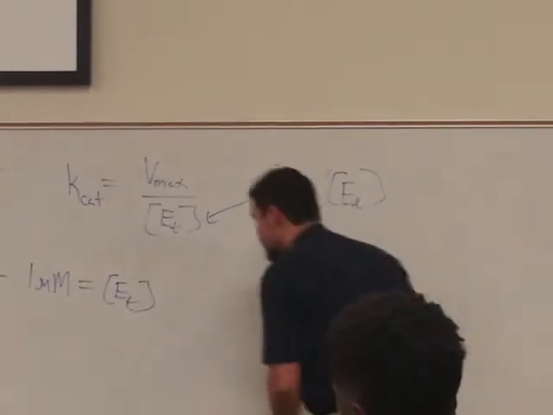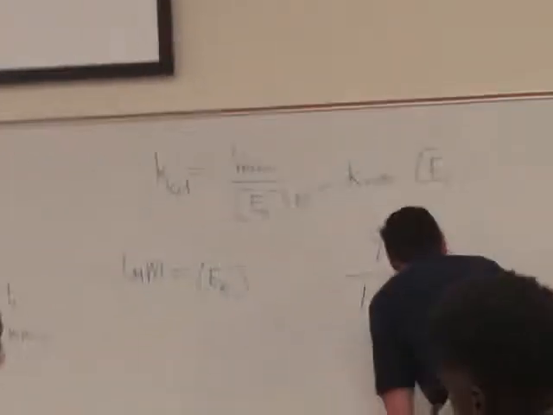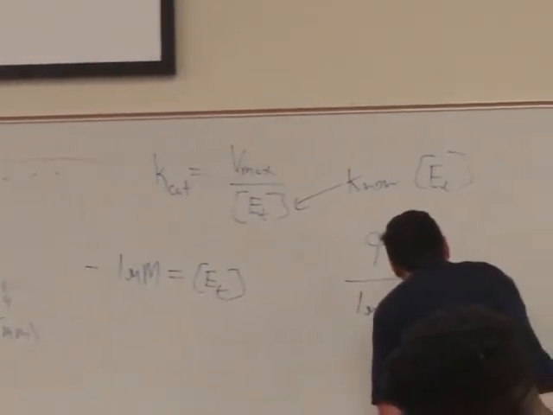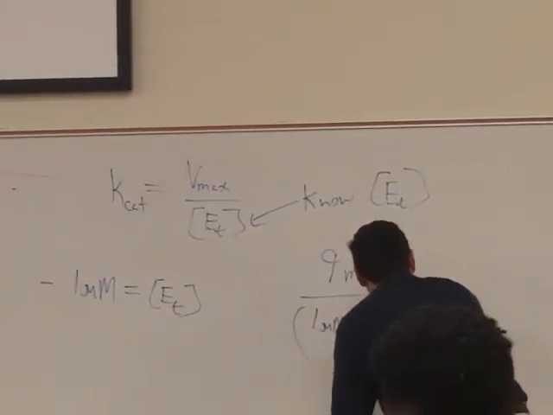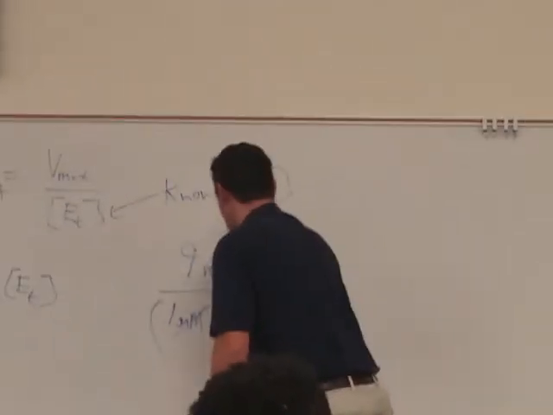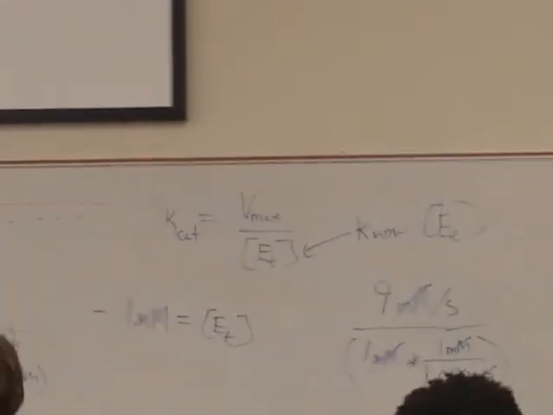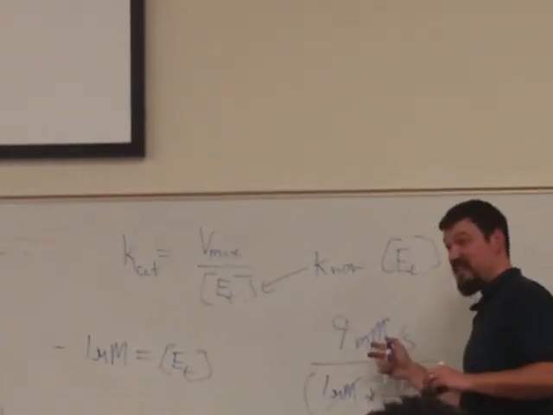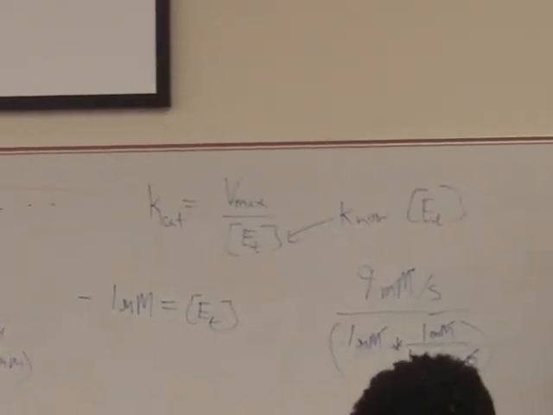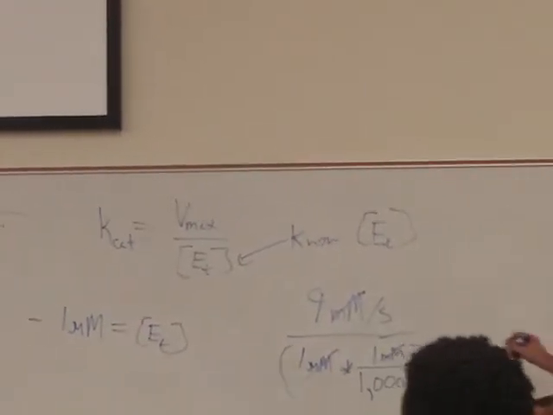There are 1,000 micromolar per 1 millimolar, because these have to cancel. I know that the concentration of enzyme technically isn't the same as the rate, but we do this by convention. We say that those cancel out because they are the same quantity values.